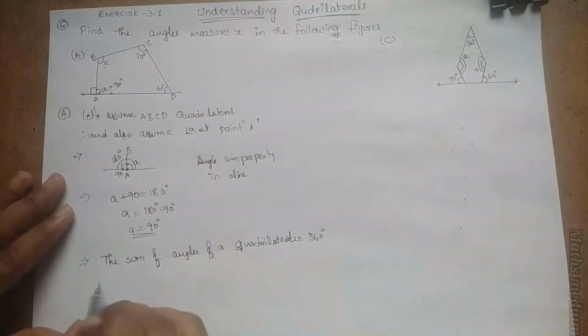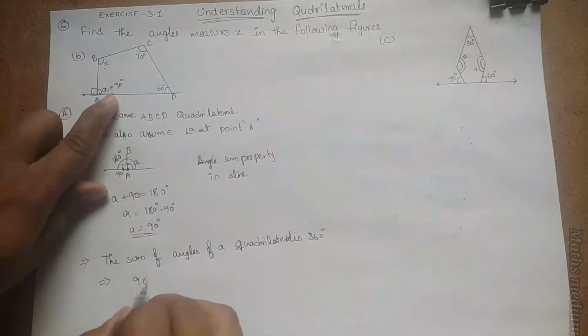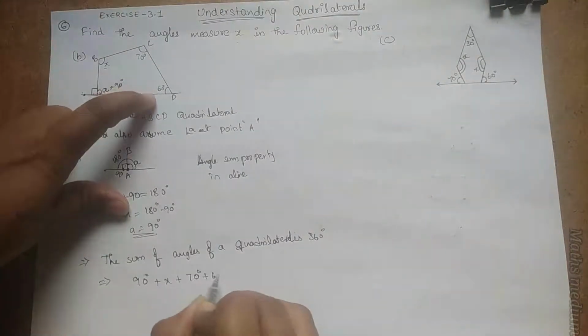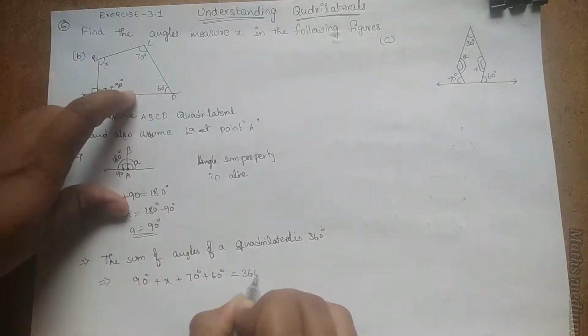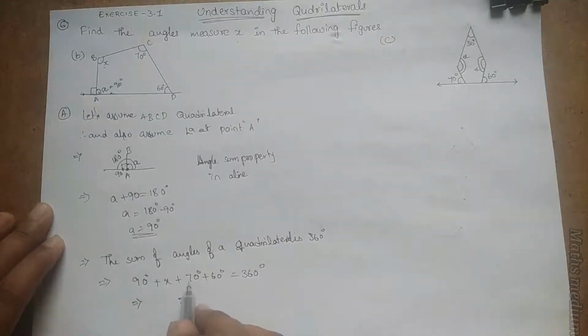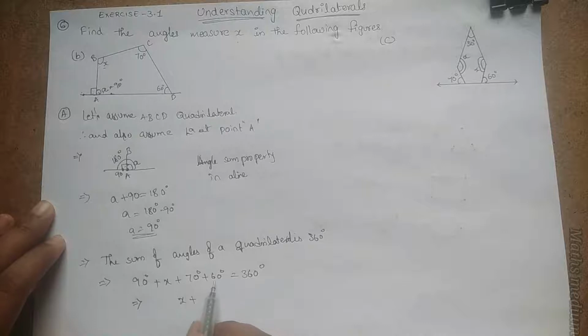So now here 90 degrees plus x plus 70 degrees plus 60 degrees is equal to 360 degrees. Next, by adding these, x plus 90 plus 70 is 160, 160 plus 60 is 220 degrees, equal to 360 degrees.